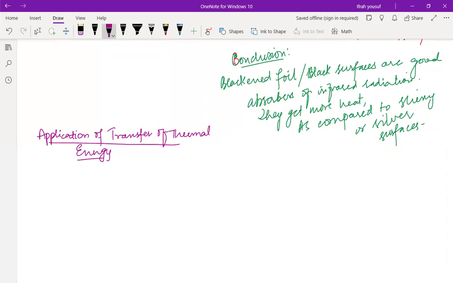Now, good conductors of heat, like we need good conductors of heat for cooking utensils, right?